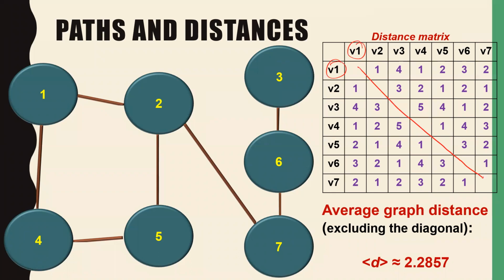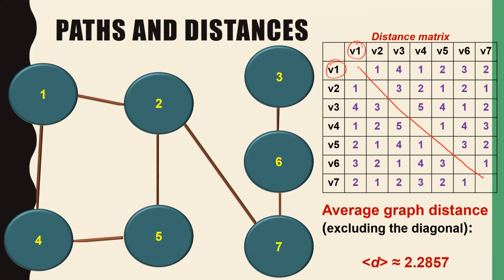So basically, you can consider the shortest path from a vertex to itself to be the empty edge. So ibig sabihin, hindi ka naaalis dun sa pwesto mo, naroon ka na kay vertex 1, so yung distance ay 0. So to get the average distance in the graph, you just forget about the diagonal entries and then take the average among the entries in the distance matrix. So makukuha mo yung average distance.